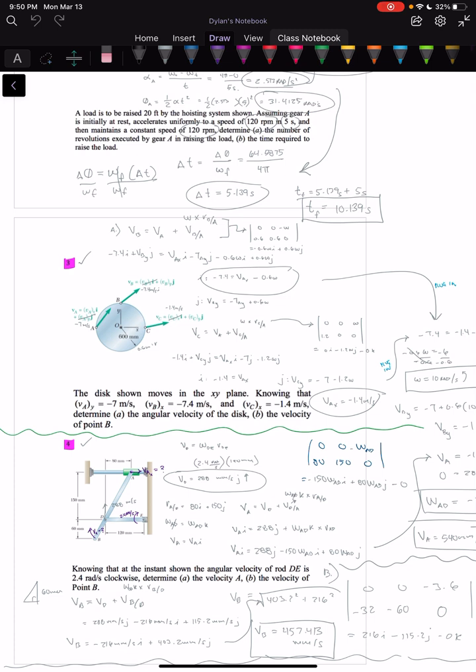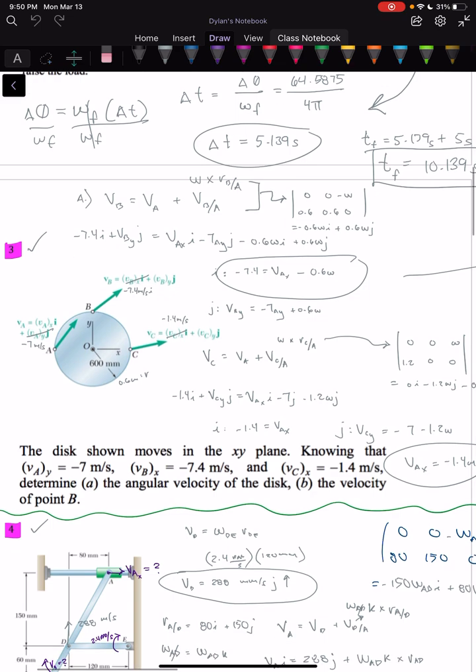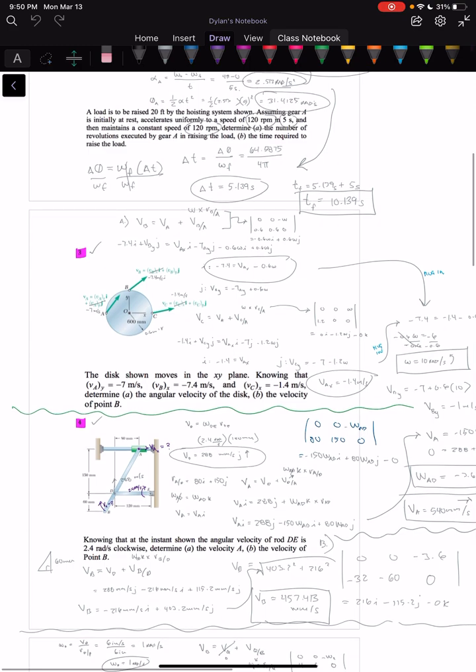So we have VB equals VA plus the velocity of B with respect to A. And then we take the cross product of that, which is your angular velocity times your radius from B to A. We find those components, take that cross product, and then we have the left and right side that each have their own components. We make those equal to each other, so we have our i and j components separate.